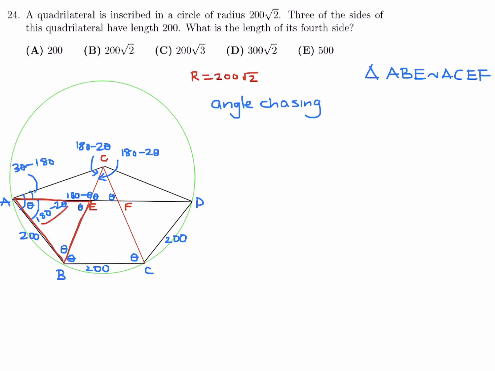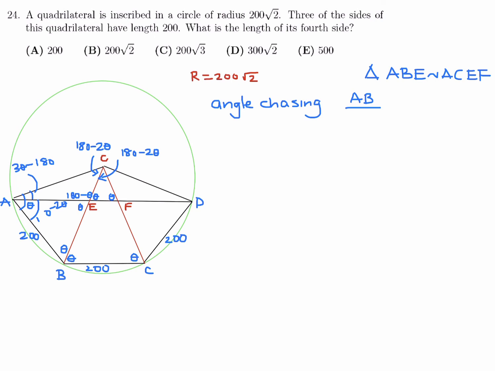It has 180 minus 2 theta, theta, and theta as the angles. And triangle CEF is also 180 minus 2 theta and theta and theta. So that is basically what I wanted to illustrate. Since those two triangles are similar, they're not equal, they're similar.